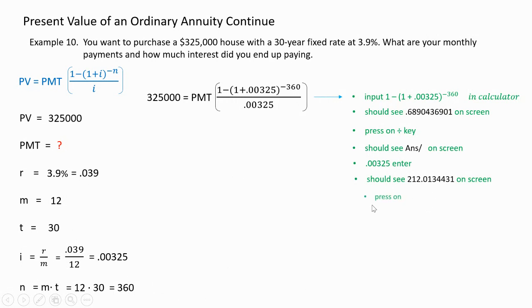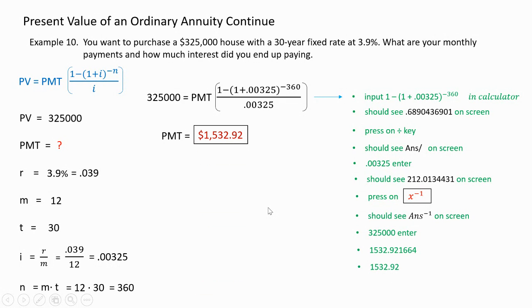We're going to hit the inverse key, right? When we hit the inverse key, that's what you see, and then we're going to enter that 325,000. So this is the answer that we get, 1,532.921664. Rounded to the nearest penny, that gives us 1,532.92. So that's how much your monthly payments will be.